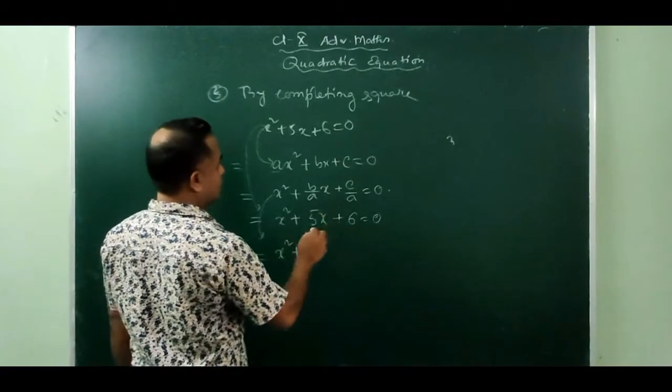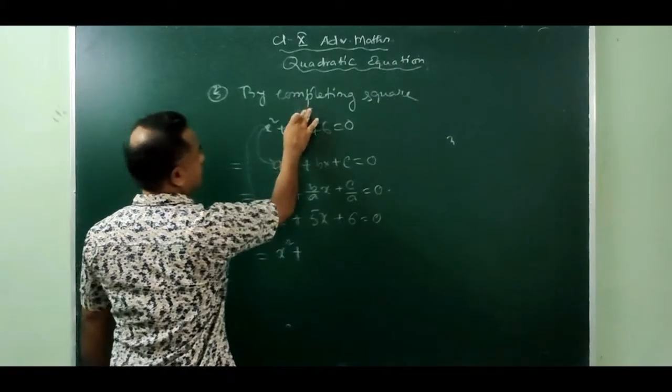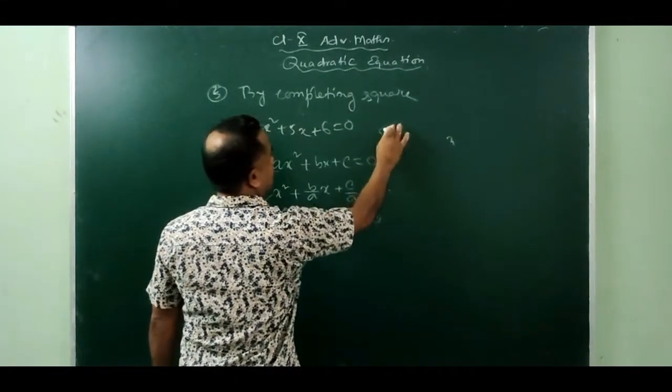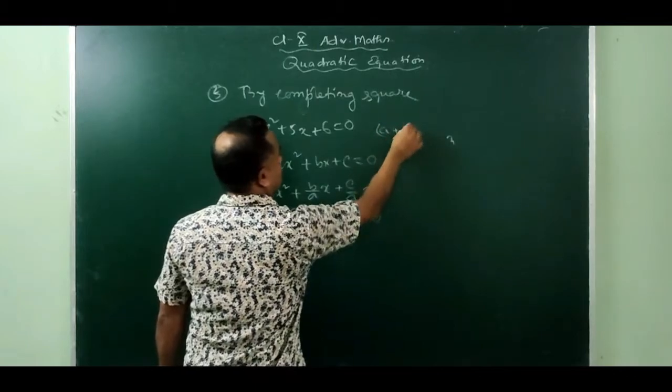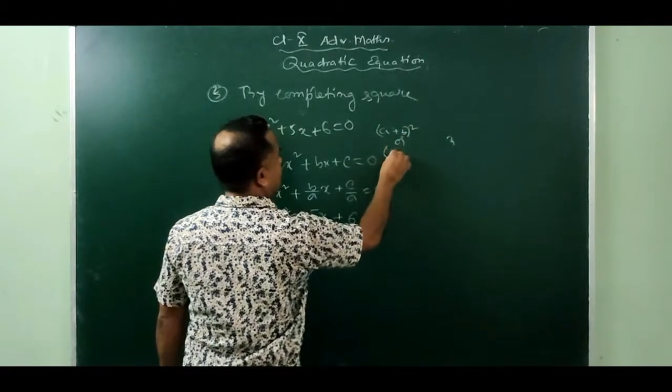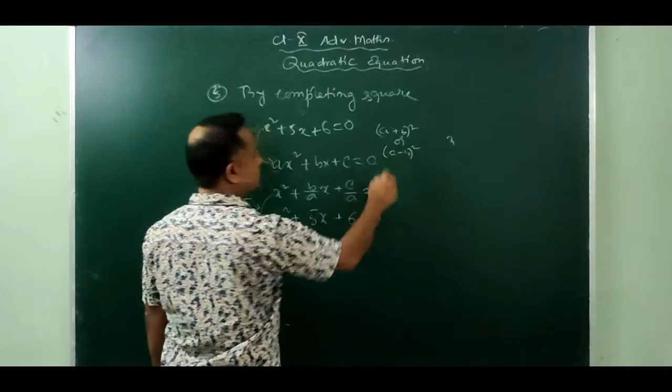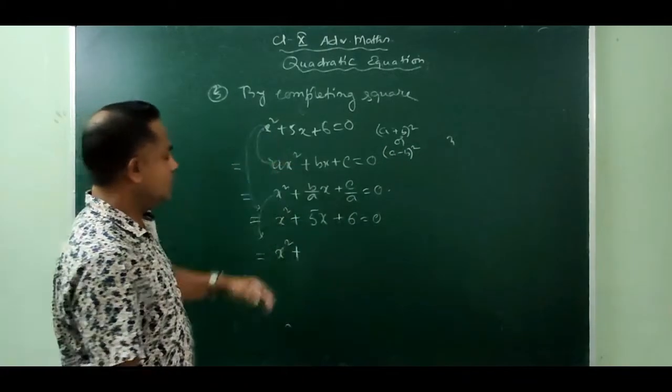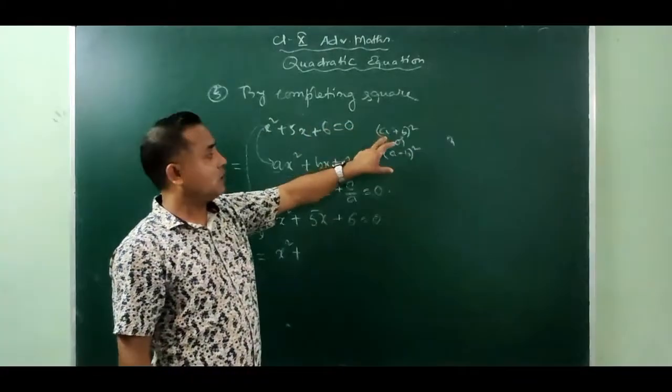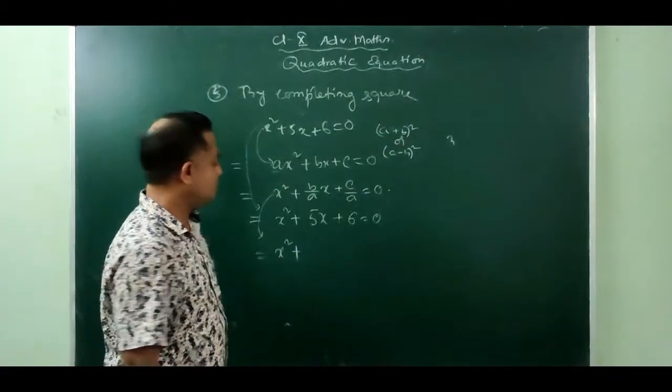So again transforming this, we need to bring it to the formula, that is a plus b whole square or a minus b whole square, whatever the equation demands. We need to convert into a plus b whole square or a minus b whole square.